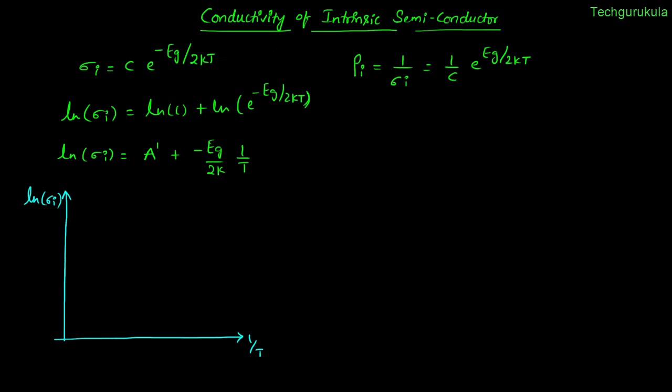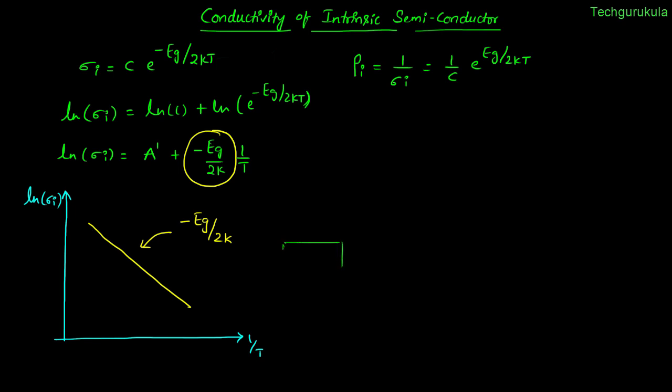Now if we plot this function, we would get a line like this, where the slope of this function would be minus Eg over 2k. So A prime is a constant, and this looks like a straight line with slope of minus Eg over 2k. So that's what we are getting here.